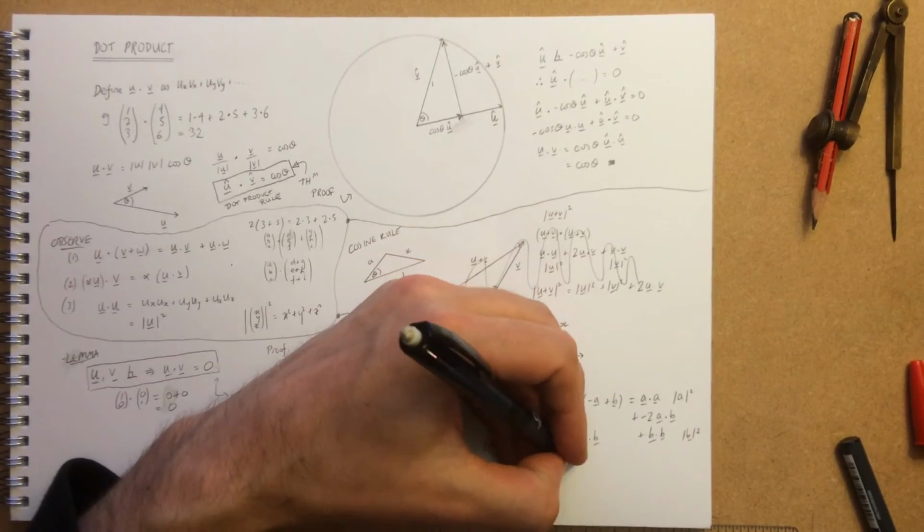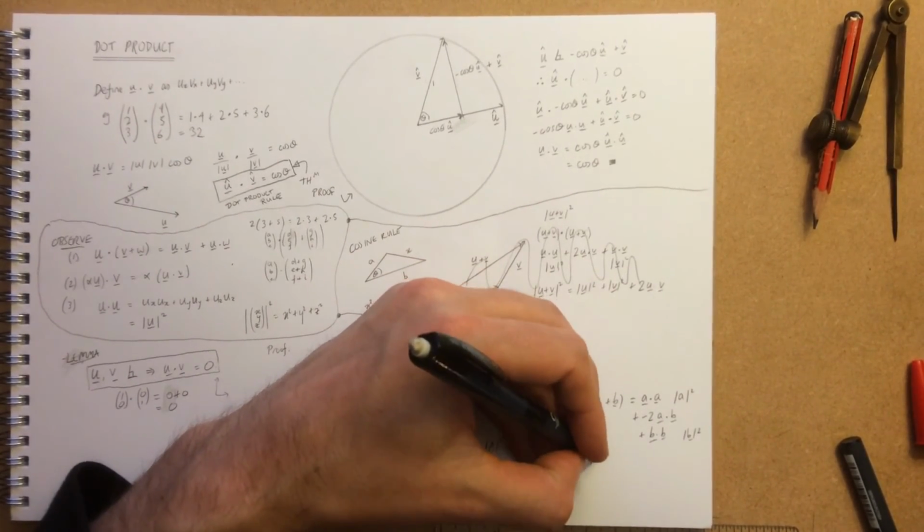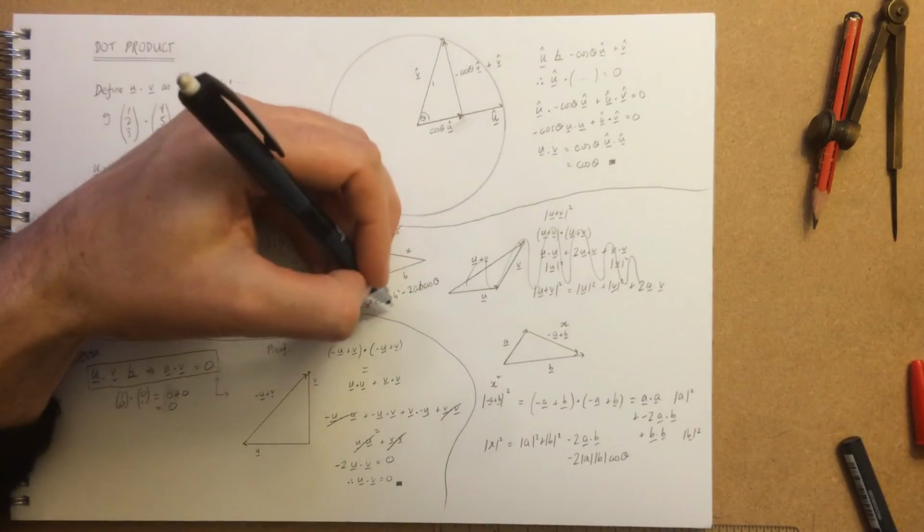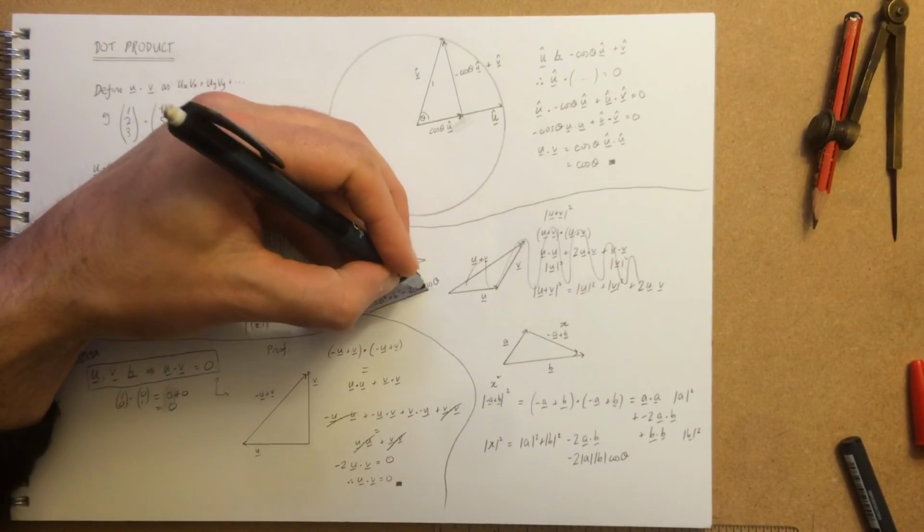So minus 2 mag A mag B cos theta. And that is exactly what was written there.